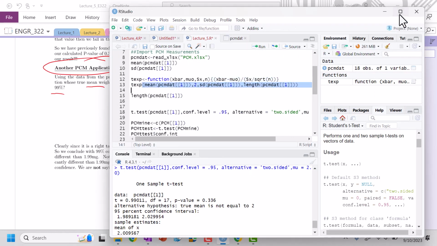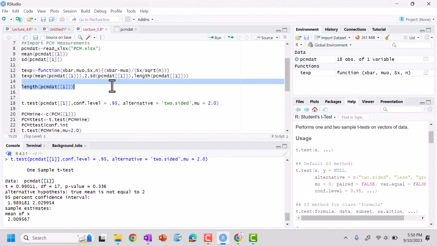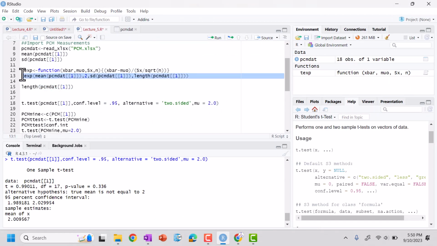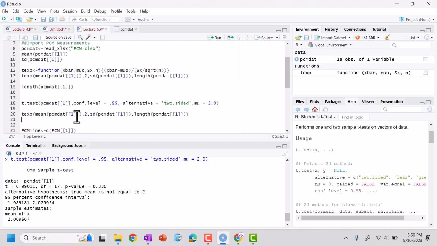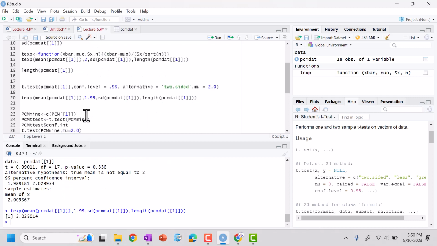We're going to say that t experimental, we need the mean because that's our x bar. Our mu is now this time 1.99. Standard deviation stays the same, so we can control enter. 2.025, excellent.